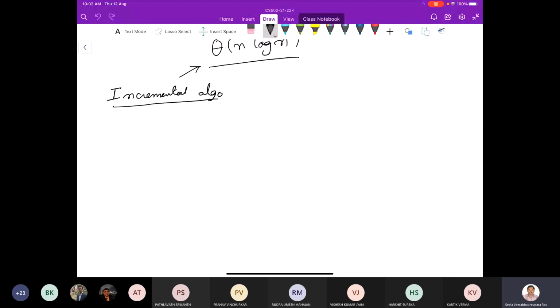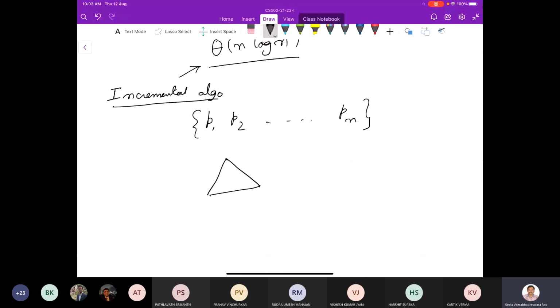We'll take the points one after the other. Suppose the points P1, P2, ..., Pn are given to us. At the beginning, we'll take the first 3 points, P1, P2, P3, and they form a triangle. And we'll take the next point.